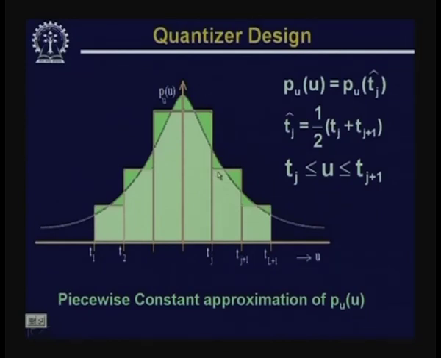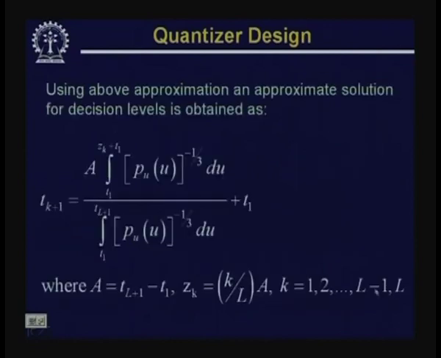So, if I use this approximation and recompute those values, you will find that T_{k+1} can now be computed as the integral of P_u(u) to the power 1/3 du from T_1 to Z_k, plus T_1, multiplied by a divided by the integral of P_u(u) to the power 1/3 du from T_1 to T_{L+1}, plus T_1, where this constant a is T_{L+1} minus T_1.